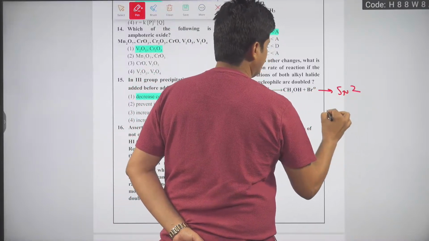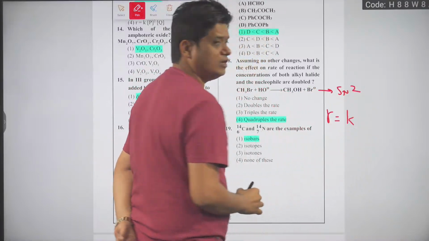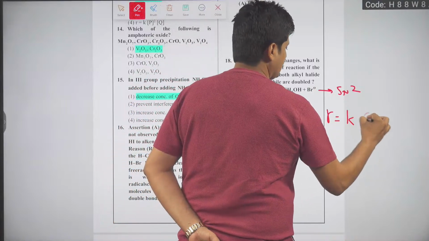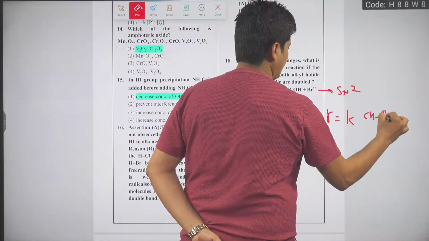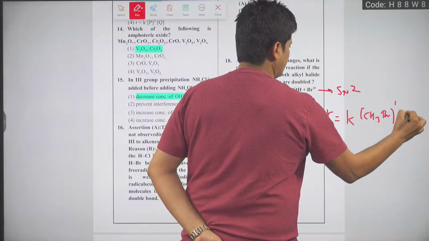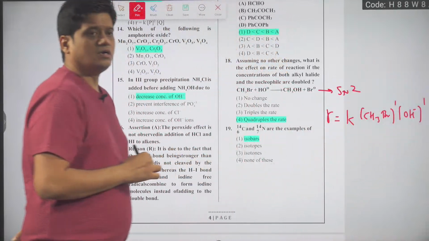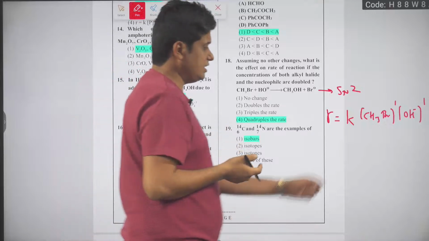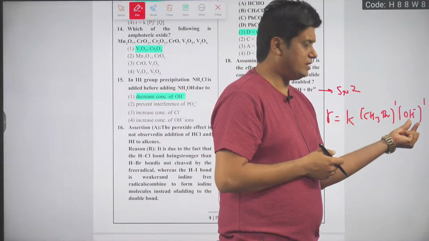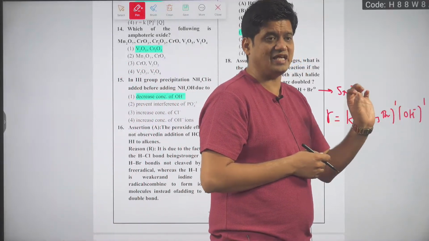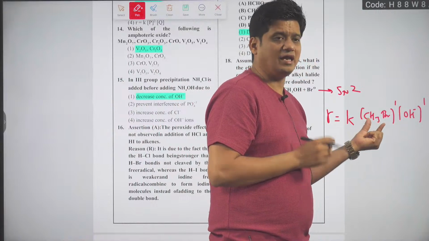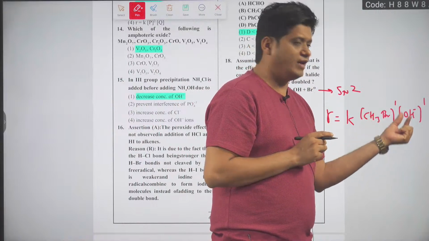In case of SN2 reaction, rate law is rate equals rate constant times concentration of alkyl halide to the power 1, concentration of nucleophile to the power 1. If it is SN1, then alkyl halide power 1, nucleophile power 0.